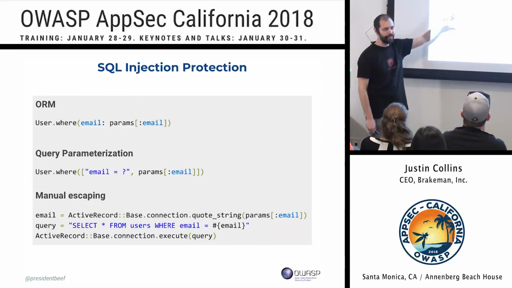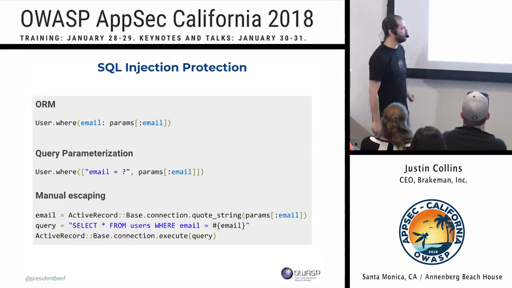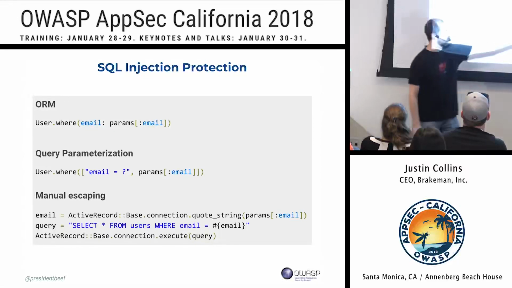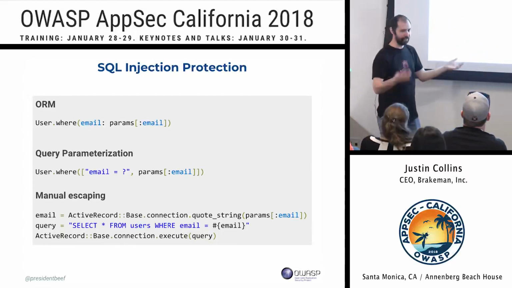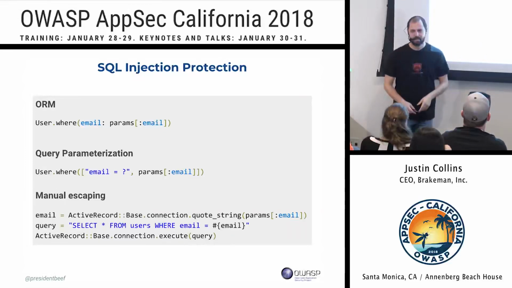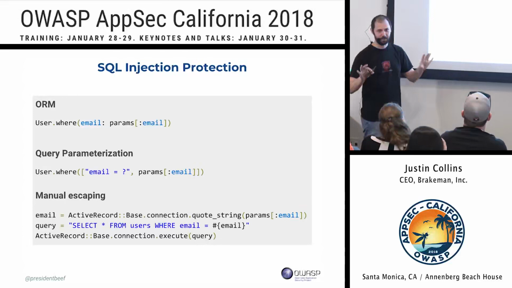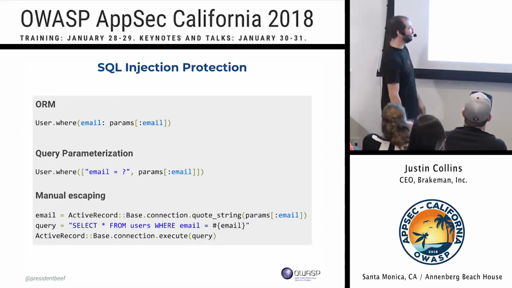If you put them in a column name or a table name, it may mess up the query and not really work. And then, of course, if we're just manually escaping things, first of all, we have to make sure we call the right method to escape the right data. So now we're back in XSS land. And we're building strings. So I think I've probably hammered that point home enough. We're building strings. And that's bad.